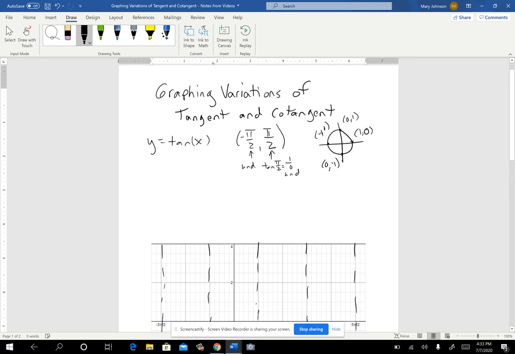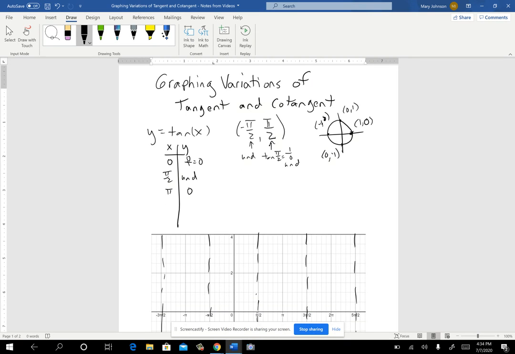It helps to remind you that when you're at 0, the tangent is going to be 0 because it's 0 over 1. When you're at pi over 2, it's undefined. When you're at pi, the value is going to be 0 and so on.